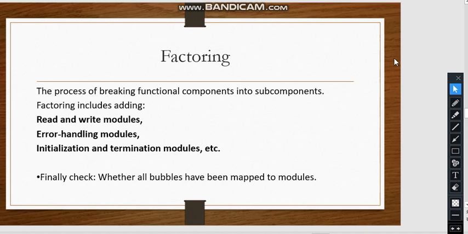We were talking about factoring. The process of breaking the functional component into subcomponents is factoring, and it includes adding your reading and writing modules, error handling modules, initialization and termination modules, and all these bubbles are mapped to the modules.